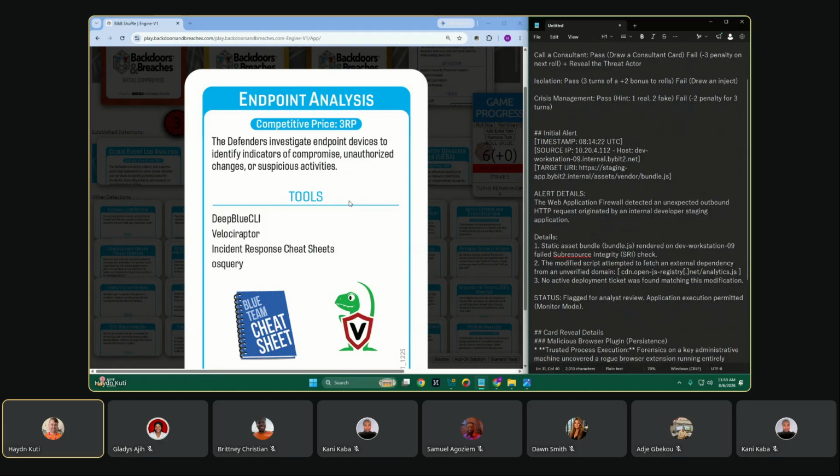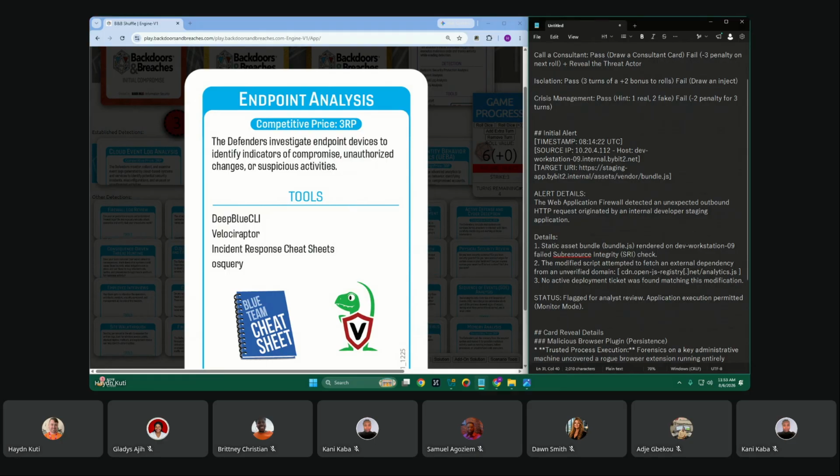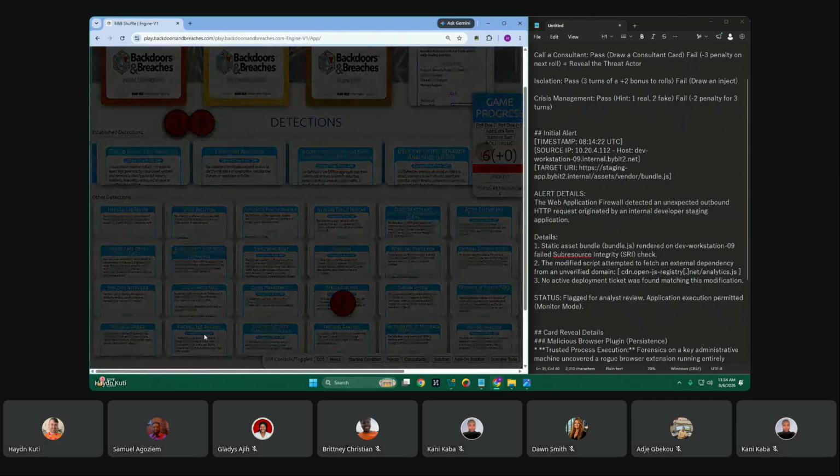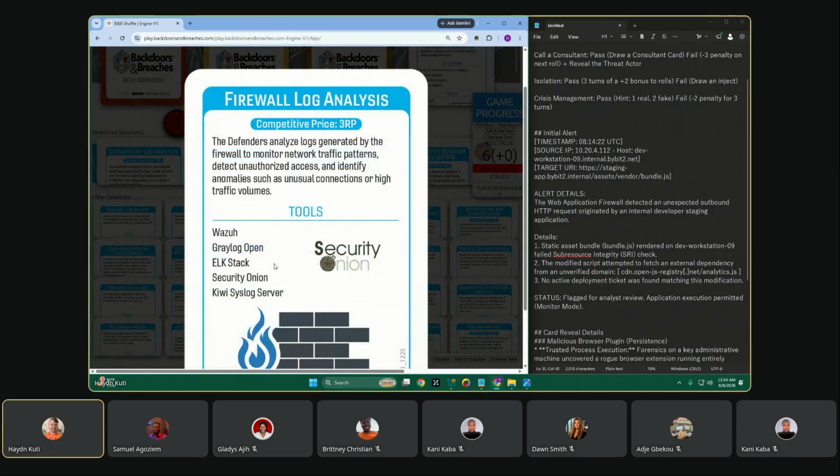Anybody agree or disagree? Yeah, I think I agree. And I also saw firewall logs in the detection of the other cards. Yeah, we have firewall log analysis. So we tried that one initially and just failed the dice roll.